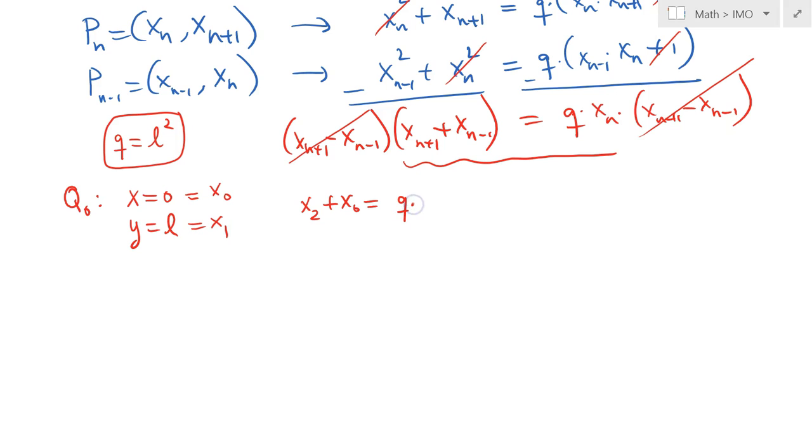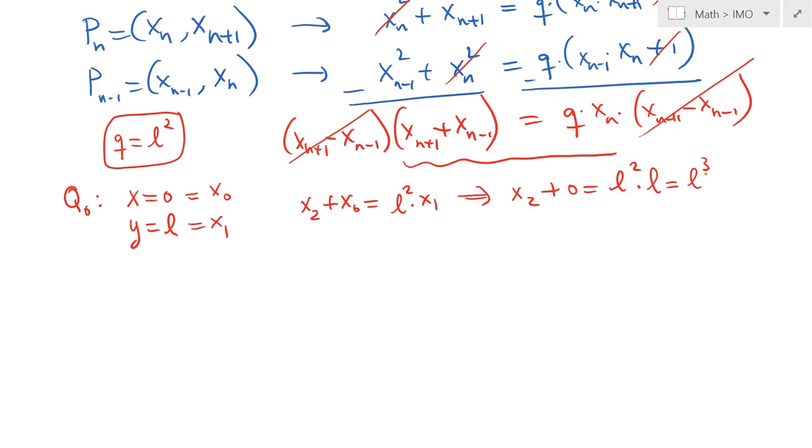So L squared times x sub 1. Now let's plug in these values. This implies that x sub 2, which is what I want to calculate, plus x sub 0, which is just 0, is equal to L squared times x1, which is just L. So you would get L cubed.